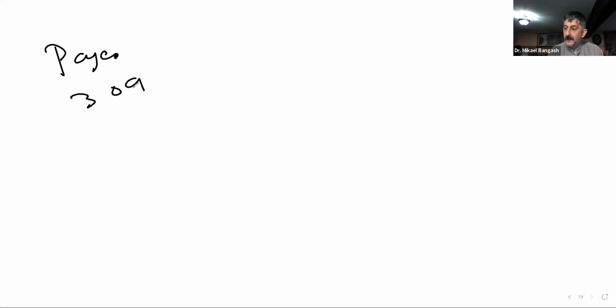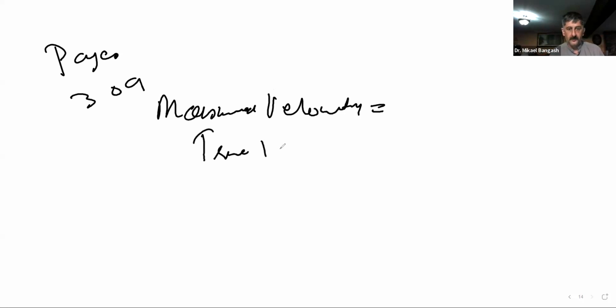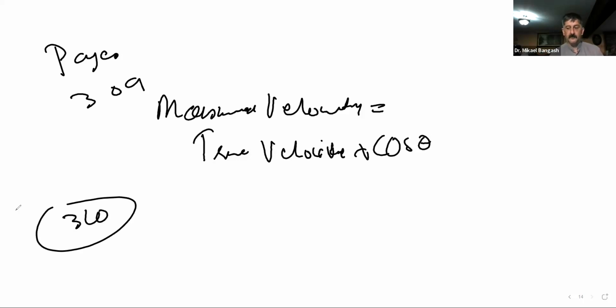At the very bottom of page 309, you see something written in that light purple: the measured velocity equals the true velocity times cosine theta. And all the explanation for that is given on page 310.